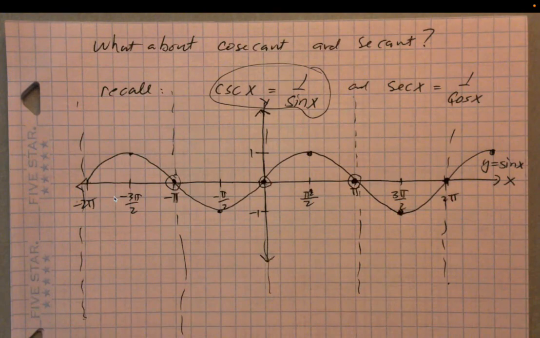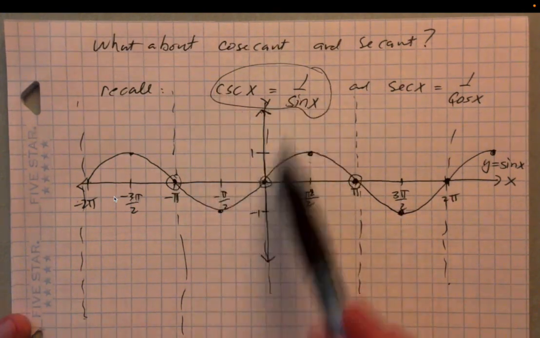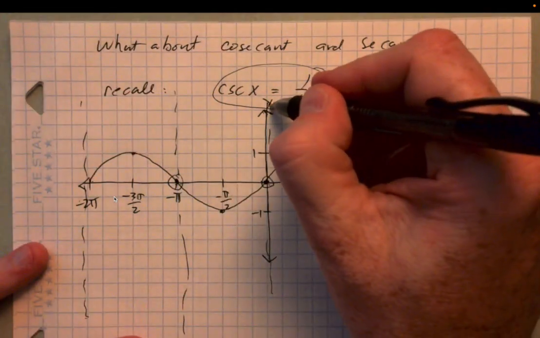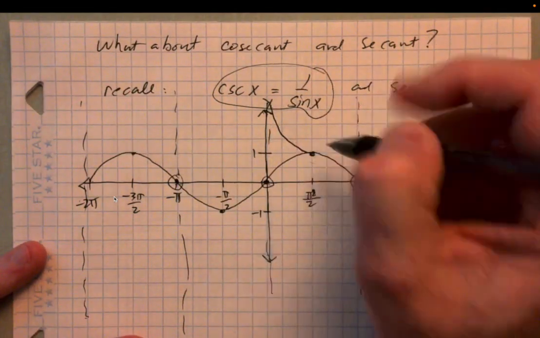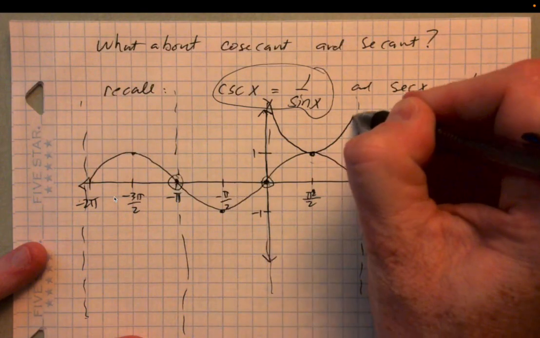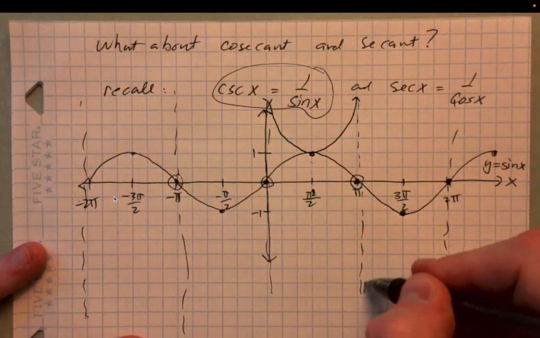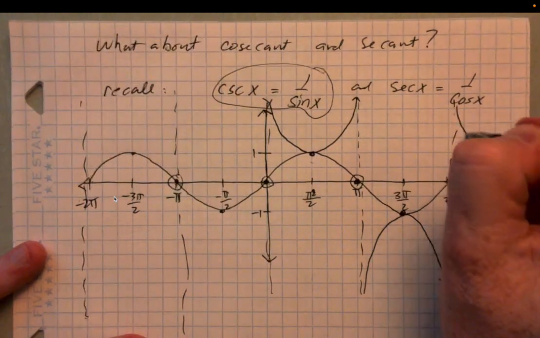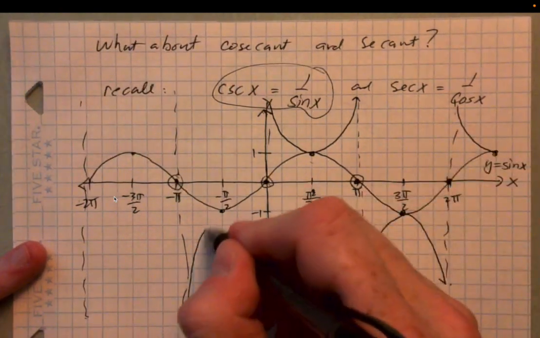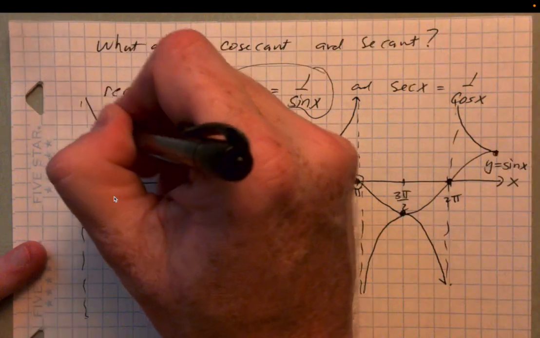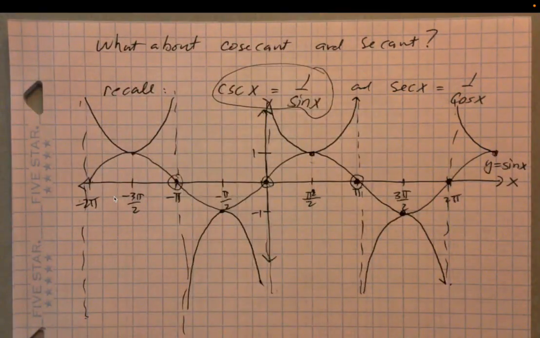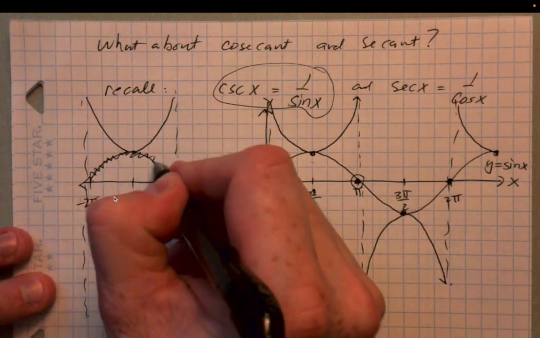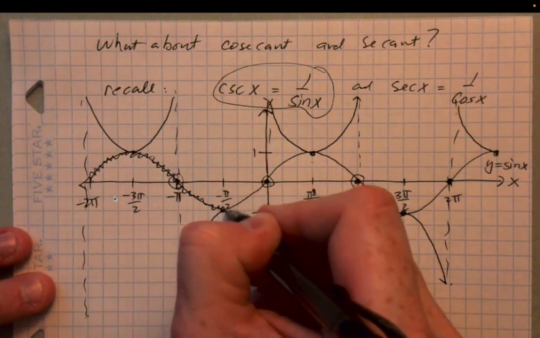Everywhere else, the cosecant is the reciprocal of the sine. So it comes down and touches the sine function, and then goes back up. But over here it comes up to the sine function and then goes back down. Over here it does the same thing. This heavier line is the sine function.